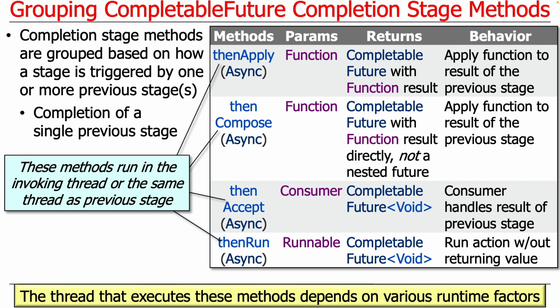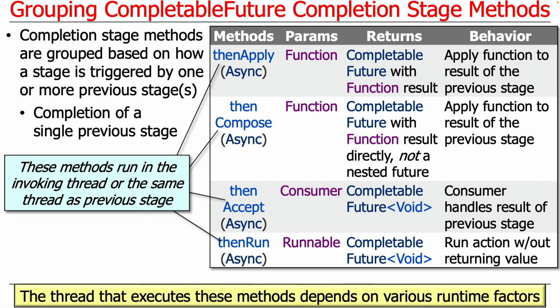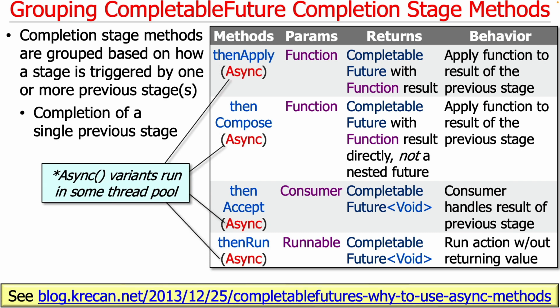The non-async versions run in the invoking thread or the same thread as the previous stage, depending on different factors. And then there are Async variants of these methods that will run in some thread pool. So the non-async versions will run typically in the same thread as the previous stage ran in, whatever that might have been.